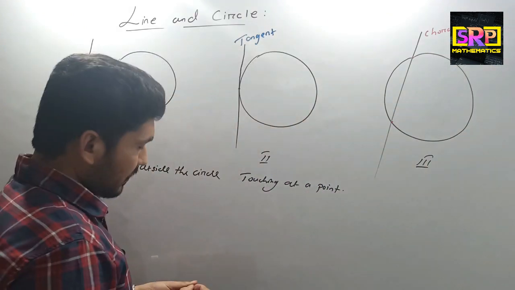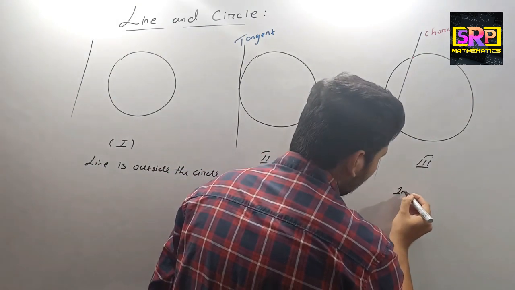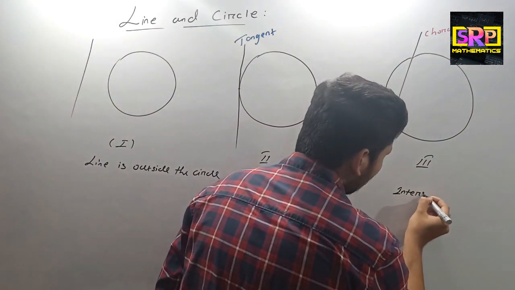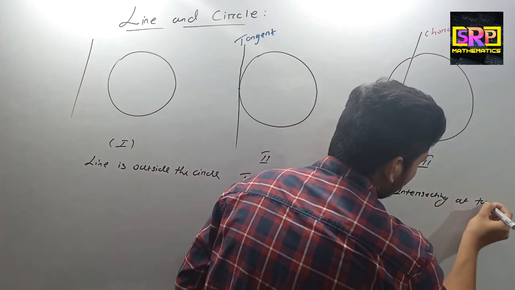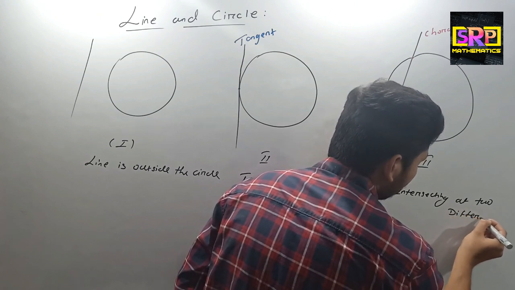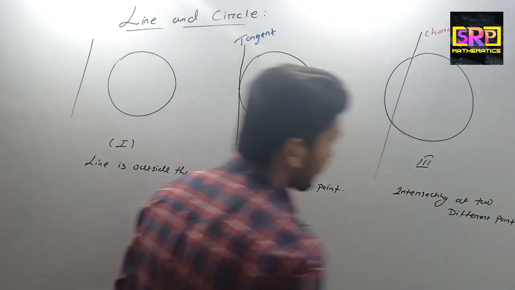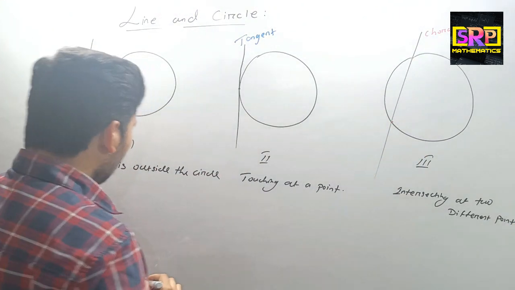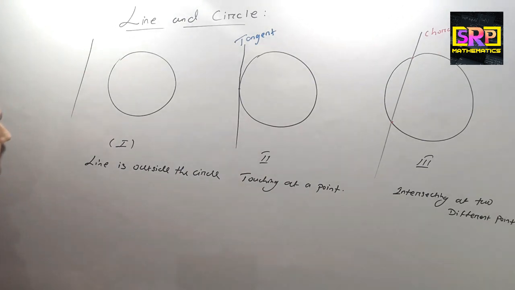Okay. So we can write here: intersecting at 2 different points. Okay, clear.